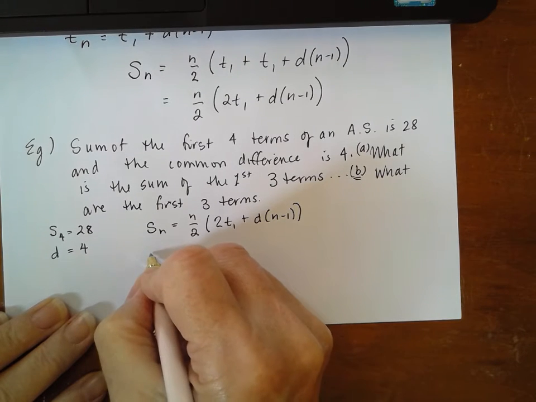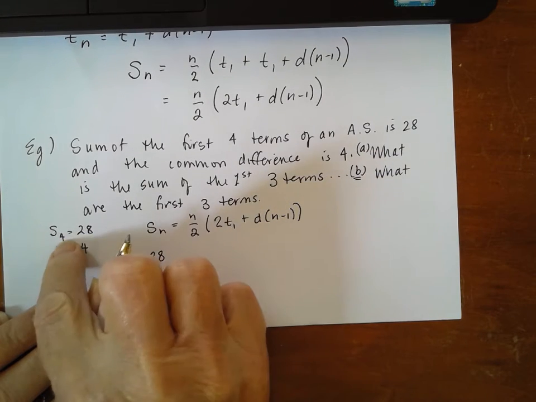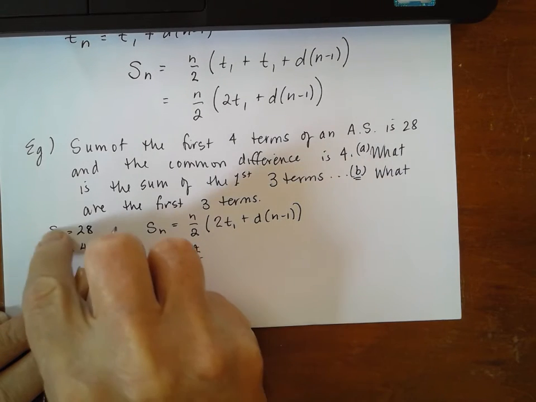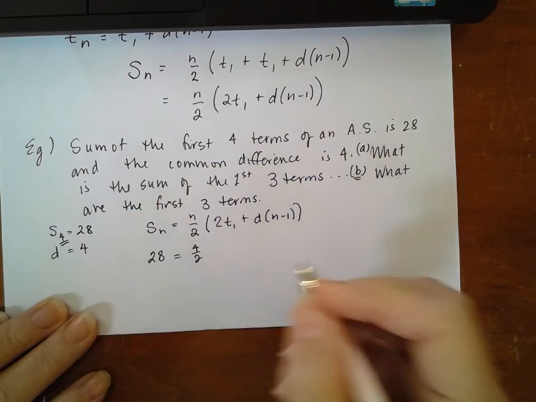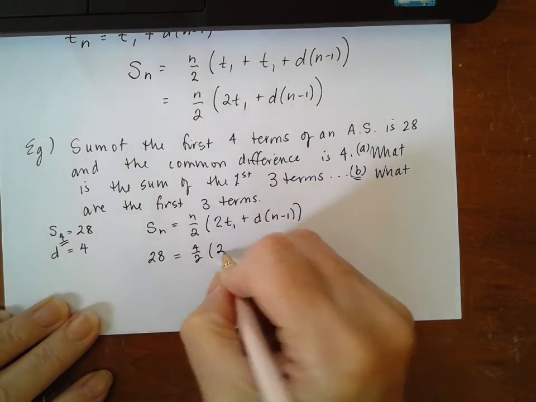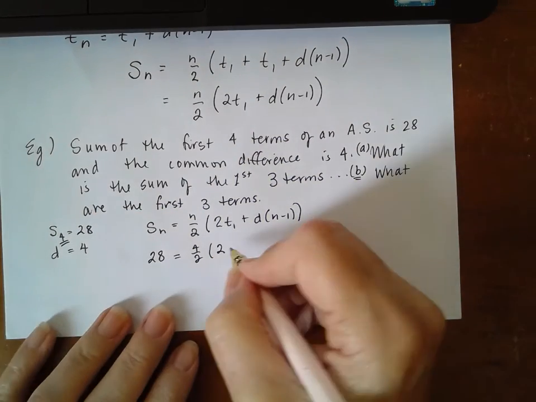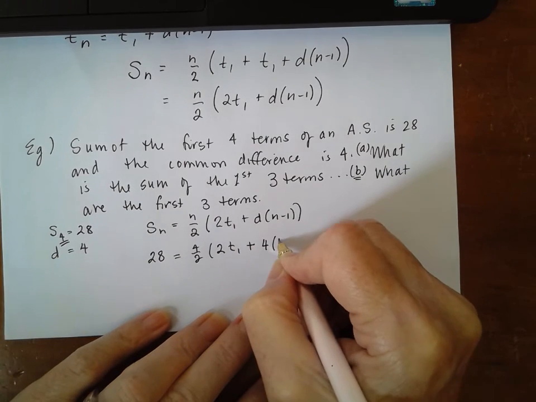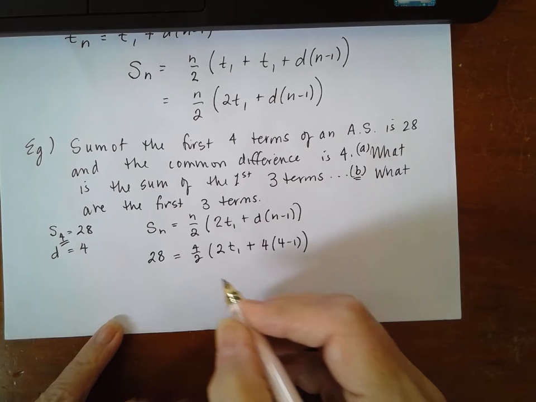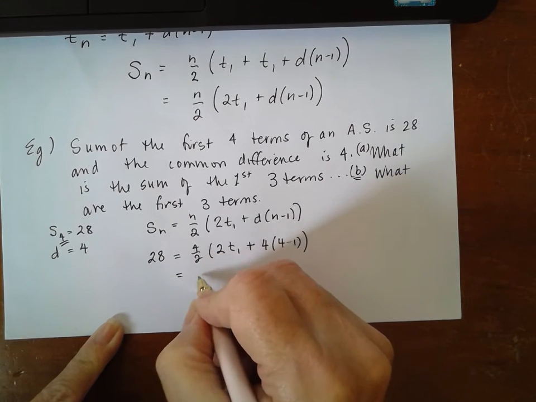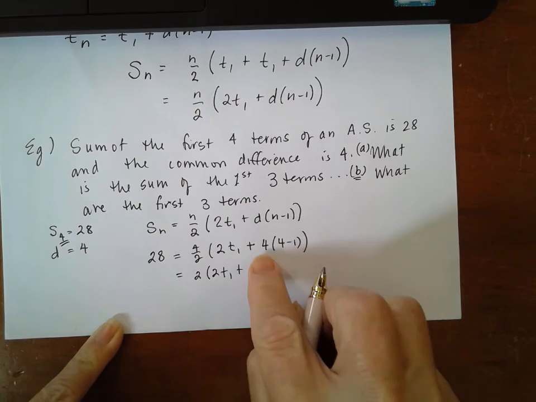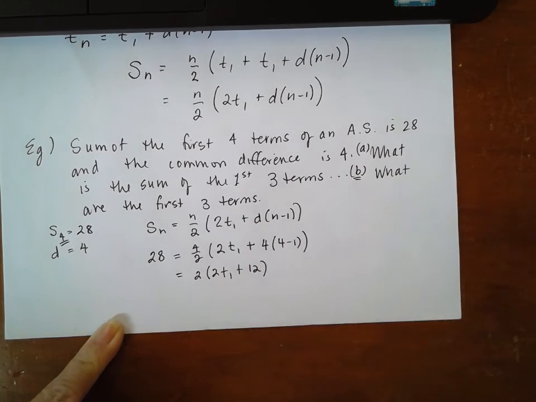So 28, when n is 4, is 4 on 2, then 2 times t sub 1, which I don't know, plus d, which is 4, times n minus 1, where n is 4. Let's tidy this up a little bit. This is 2 times 2t sub 1 plus 12.